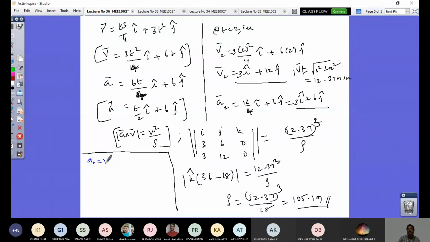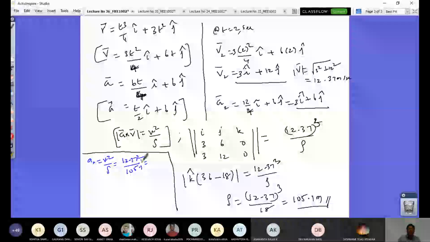So I can substitute 12.37 squared divided by 105.1, and that's going to be 1.456 meter per second square. That is your normal component of acceleration, which is responsible to maintain the direction of the translating particle.